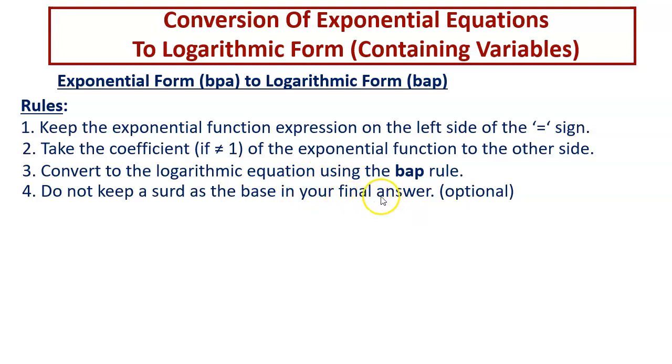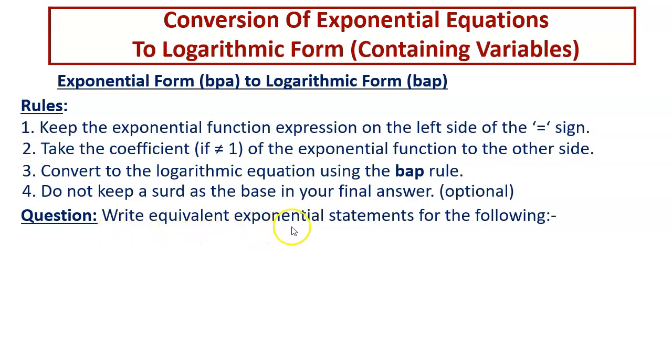You will not be losing any marks if you just don't follow this step, or if you keep surd as the base of the logarithmic equation. You will not be losing any marks, but definitely you will be losing some marks if you make some mistake in the process of conversion, in the process of the omission of this surd form. Okay. So let us come to the questions.